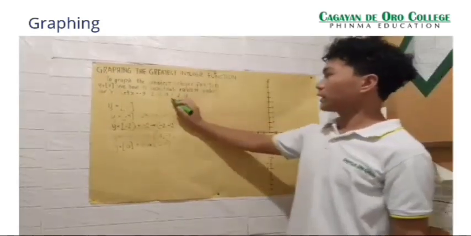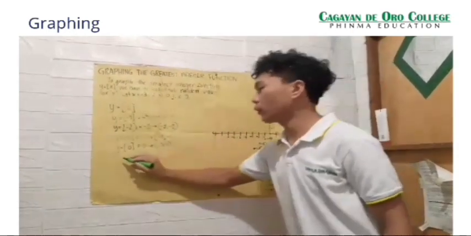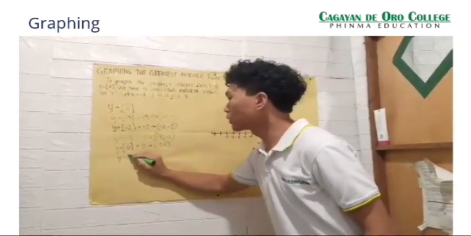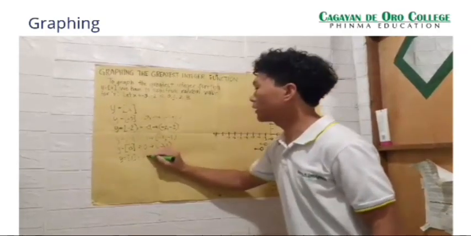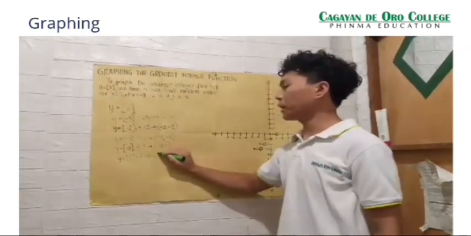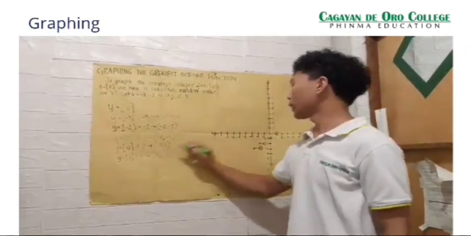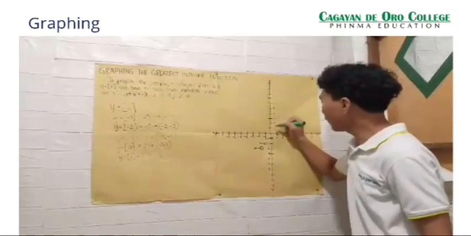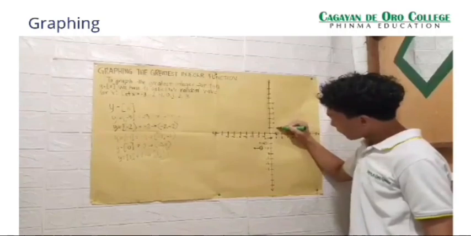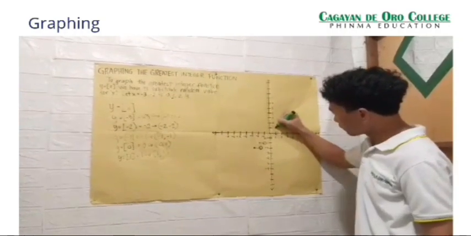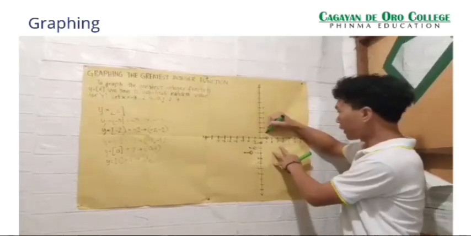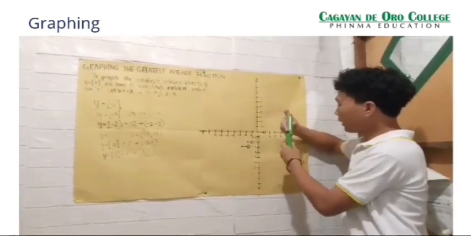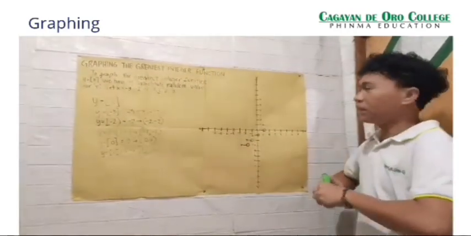The next one is our positive 1. The floor of 1 is equal to 1. That implies that our ordered pair is 1 and 1. So 1 and 1 can be seen here, right? Then move 1 unit from left to right. That ends in an empty circle.